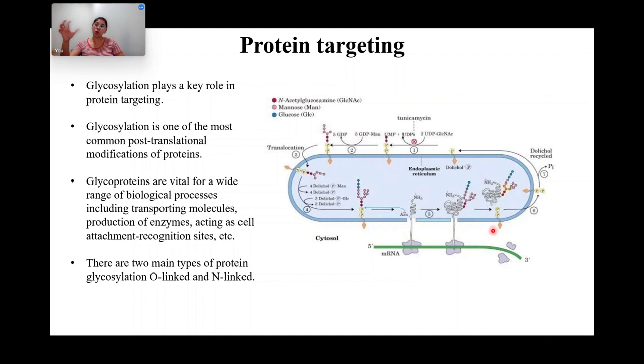They are either O-linked or N-linked. We'll discuss this glycosylation in detail. As I've already mentioned, it generally happens in the endoplasmic reticulum and the Golgi apparatus. Glycosides means sugar moieties, so the addition of these sugar moieties to the amino acids on the proteins is what is called glycosylation.